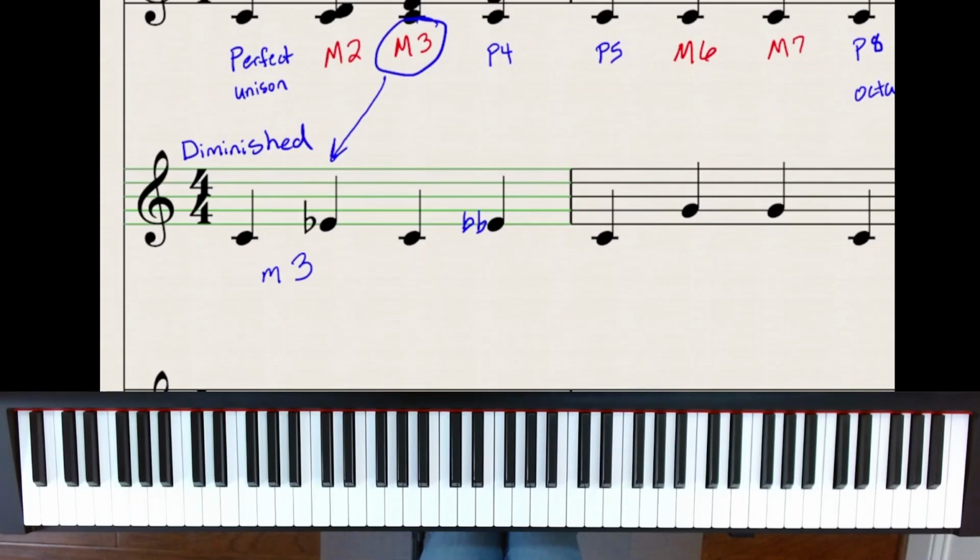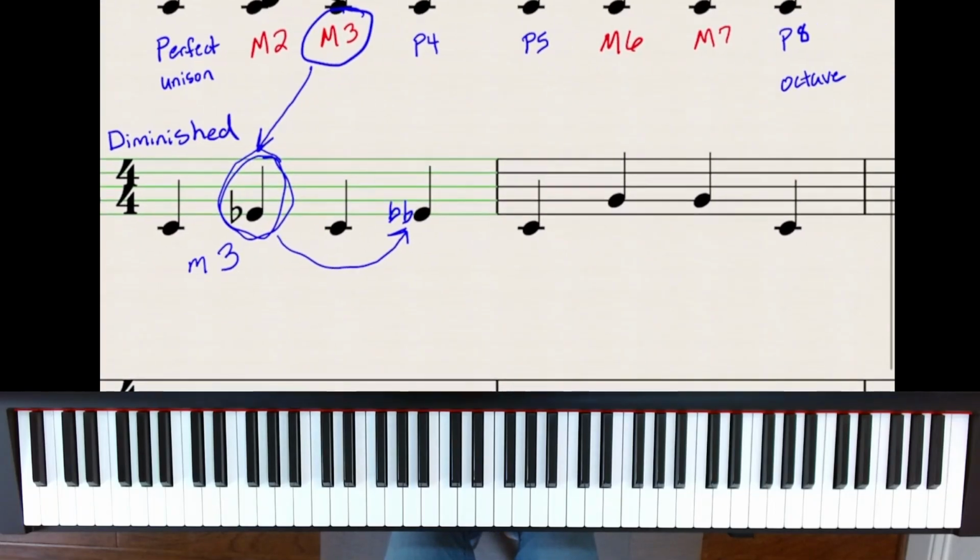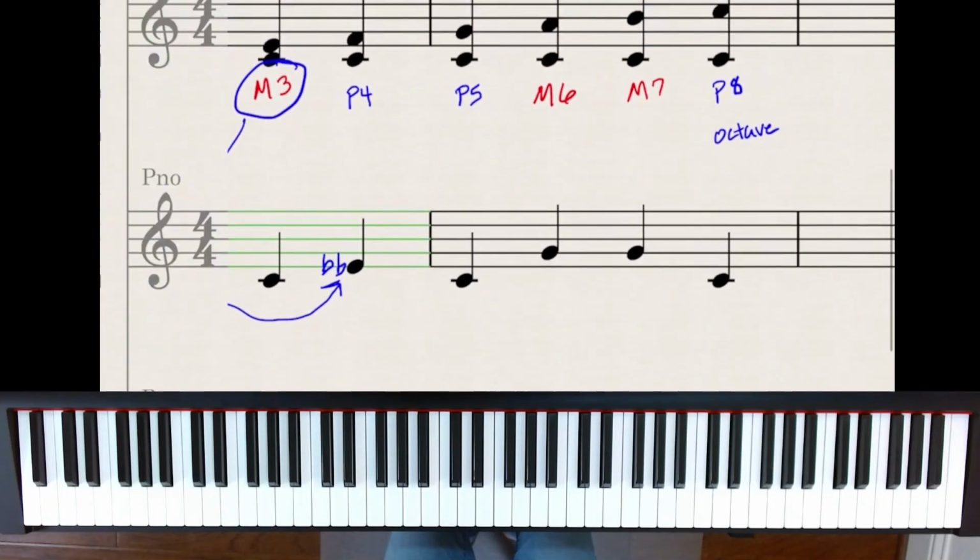Okay? So that's what happens when we take a major interval and turn it into a diminished. There's an extra step. So you go from the major, you flat the top note to give you the minor third, and then you want to take this note and flat it again. Now, when it comes to the perfect intervals and naming them diminished, we'll take this example, the perfect fifth.